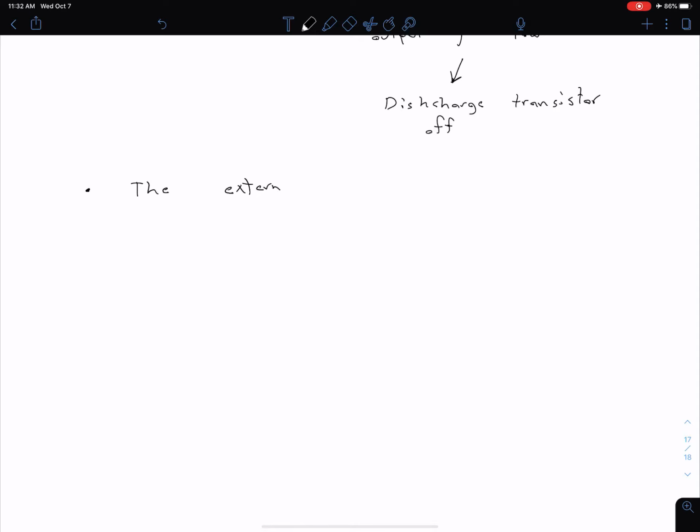This is called our external reset for our flip-flop, labeled as pin 4. It's essentially going to override all other inputs, including those coming from our two comparators, and initiate a new timing cycle.